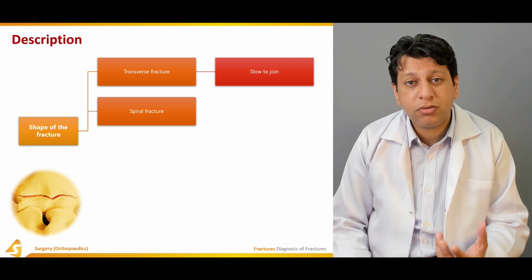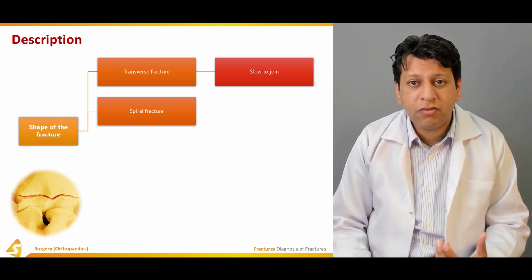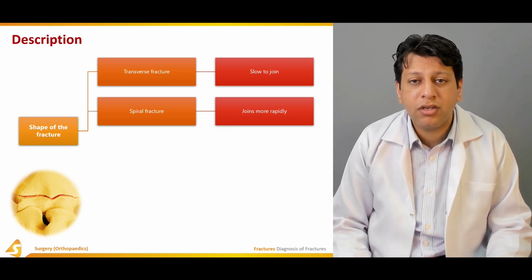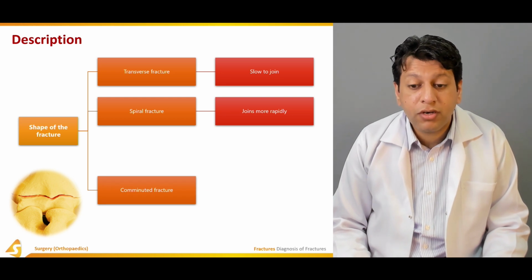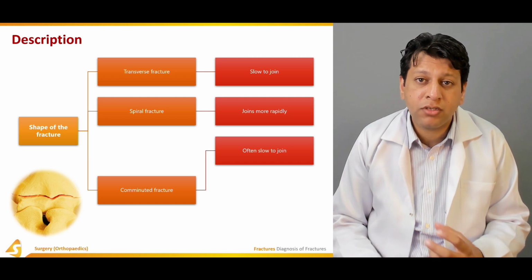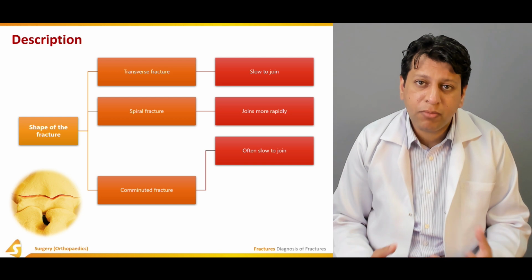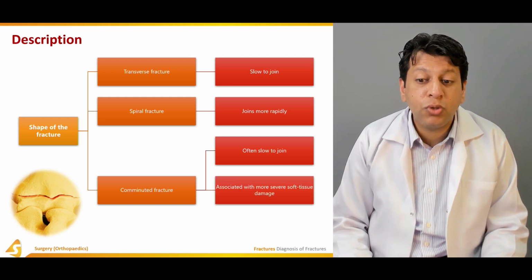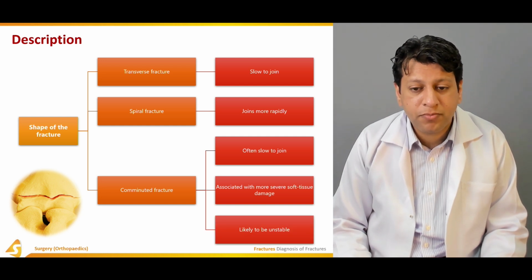Although the fracture line is increased, the large contact surface area usually results in joining more rapidly, with relatively progressive healing. Then there could be a comminuted fracture, which is often slow to join. Why? Because there are multiple pieces, and some pieces may not have an intact periosteal blood supply, which may lead to non-union. It is usually associated with more severe soft tissue damage as well, and is likely to be unstable.